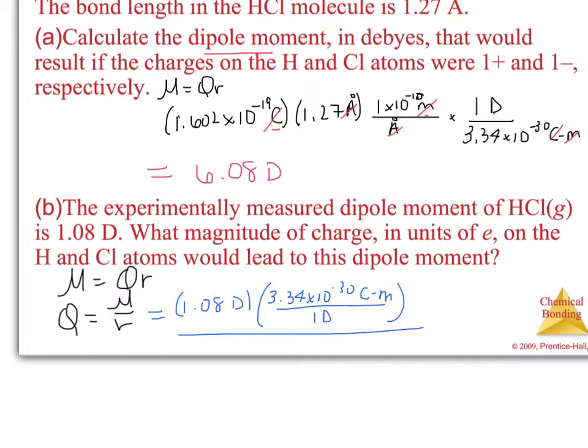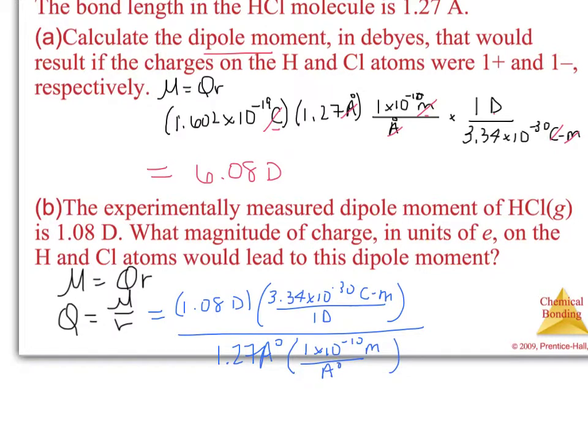And then we're going to divide by our distance, which is the 1.27 angstroms. And we also have to convert that. So we're going to multiply that by 1 times 10 to the negative 10 meters per angstrom.